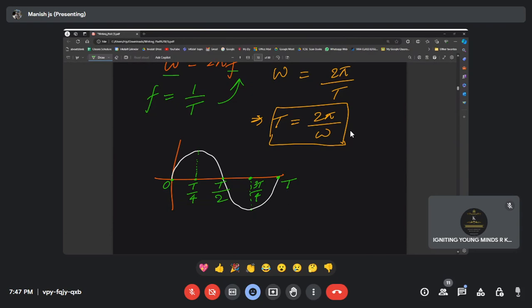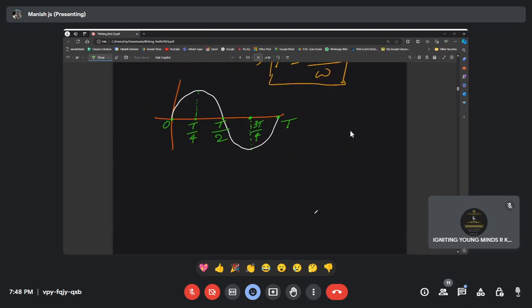So for a waveform, you have to understand how to mark which is half time period, which is one full time period, which is 1/4 time period, and which is 3/4 time period. This idea has to be there. So this is all about the time period of the sinusoidal waveform. I hope it is clear.